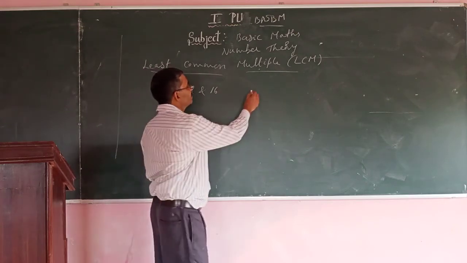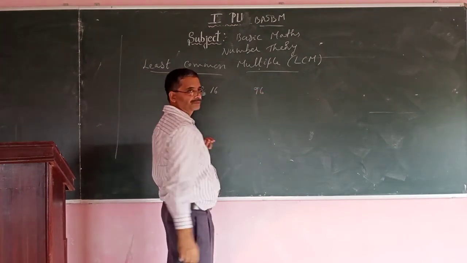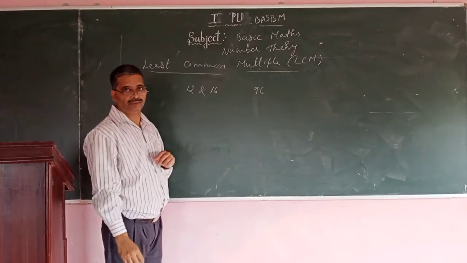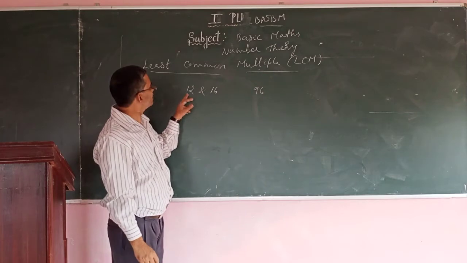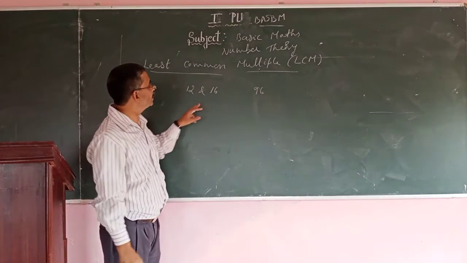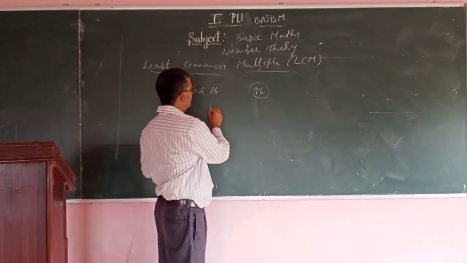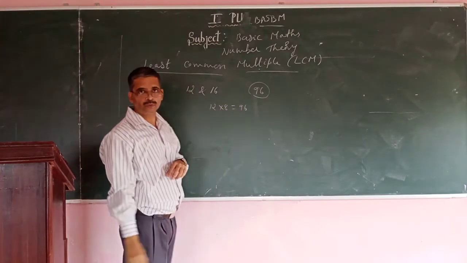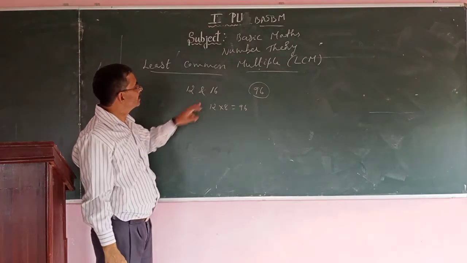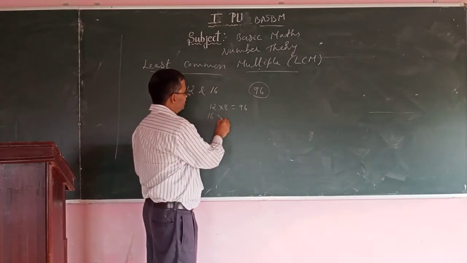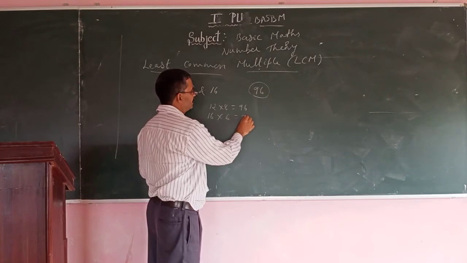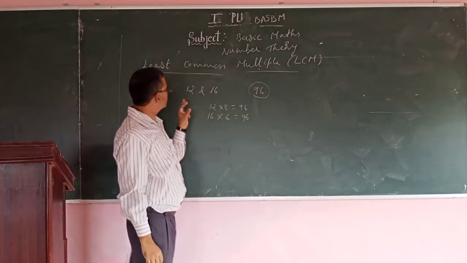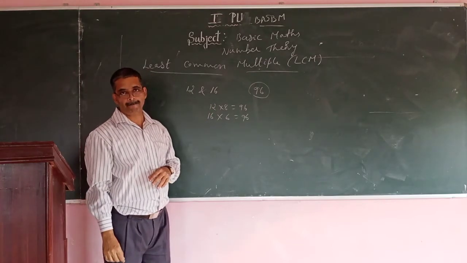So 96, if I consider 96, it is a multiple of 12 because 12 into 8 is 96. 16 into 6 is also 96. So 96 is a multiple of 12 as well as 16.